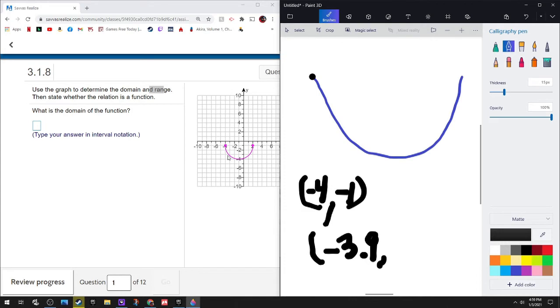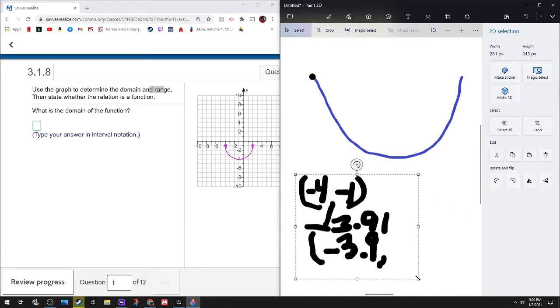If I'm going to try to list all the x values, I have to list -3.9. And whoa, there's something in between -4 and -3.9, like -3.91. Shoot, this is too many points. So there's actually a better way than listing out all the points.